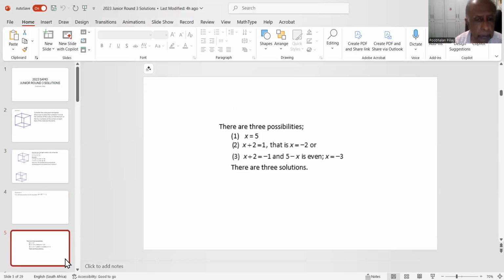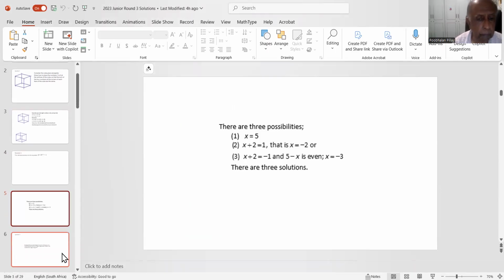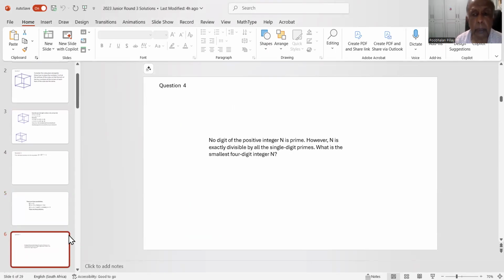There's some interference there. We go on to question 4. Question 4 says, no digit, small writing, hope you can read it, no digit of the positive integer n is prime.